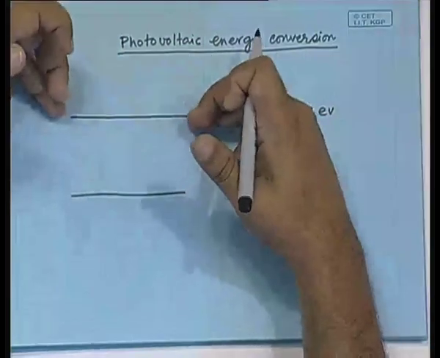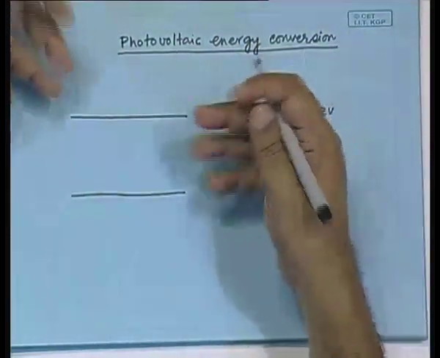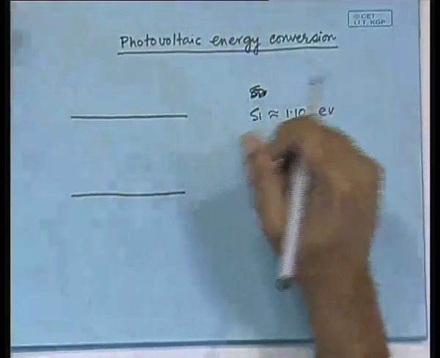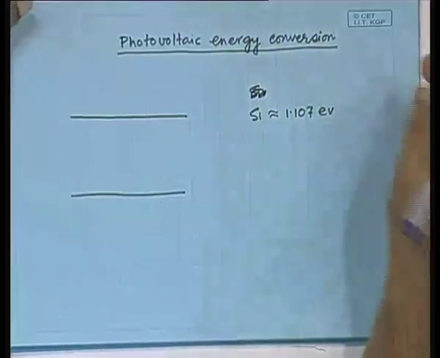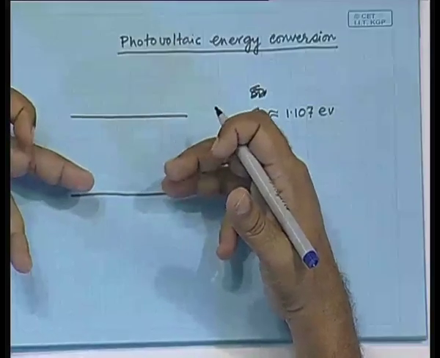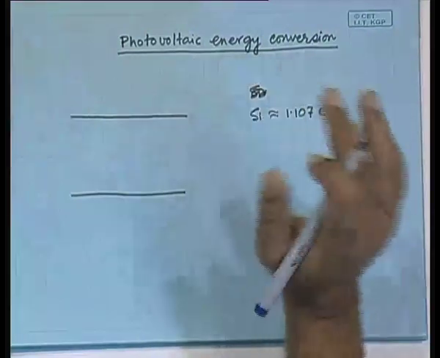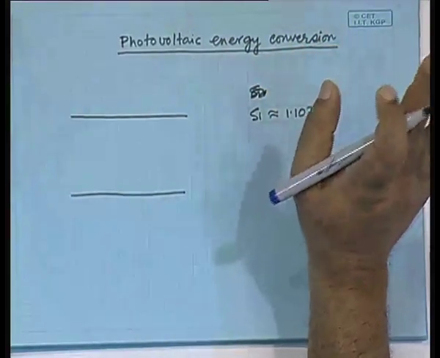Electrons, when they are in the conduction band, they are conducting. Holes, when they are in the valence band, they are conducting, and the average energy of the electrons would be given by a level called the Fermi level. The Fermi level would be a level in between these two, and in case of the p type semiconductor, the Fermi level will be closer to the valence band. In case of the n type semiconductor, it will be closer to the conduction band, right. That was the basic semiconductor theory that you all learned.